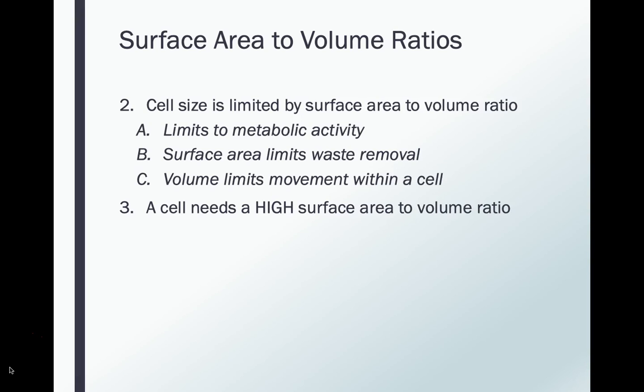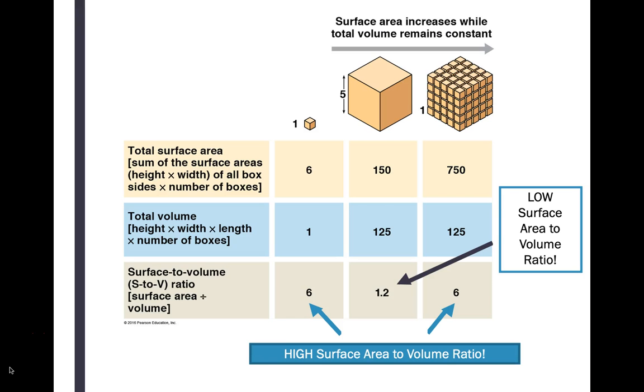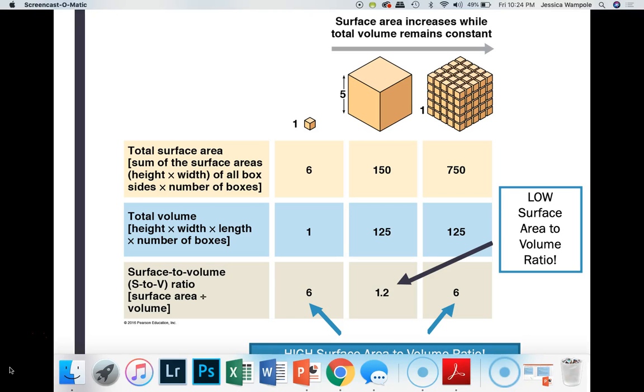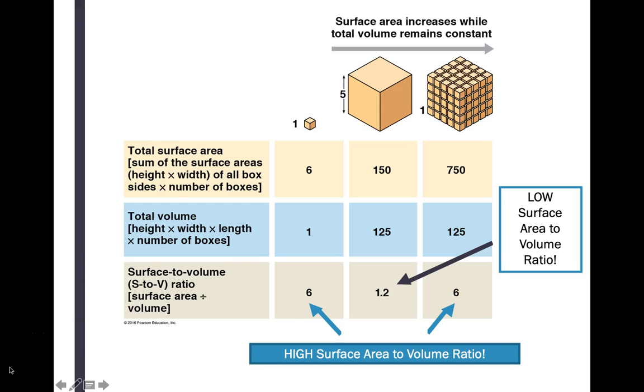So all of that is to say that a cell has to have a lot of surface area to less volume. We say that this is a high surface area to volume ratio. This image here shows a surface area to volume ratio, and I'm sorry, I couldn't get the toolbar to move.